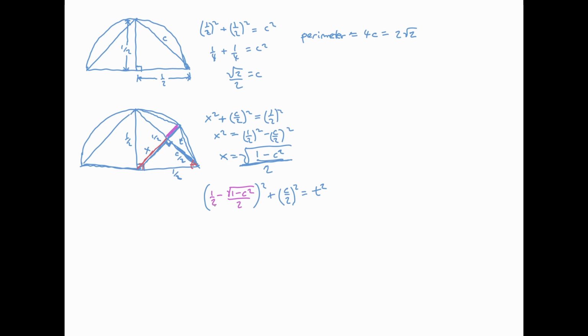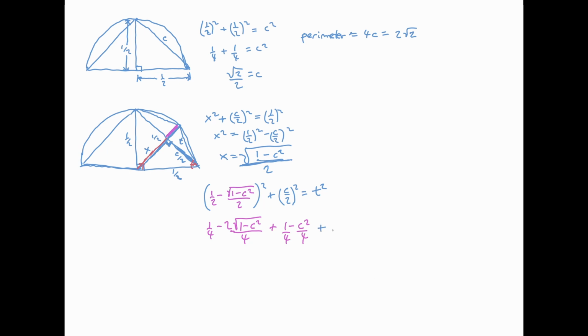So if we're just doing the part in purple, that becomes 1/4 minus 2 times the square root of 1 minus c squared over 4 plus 1 minus c squared over 4.